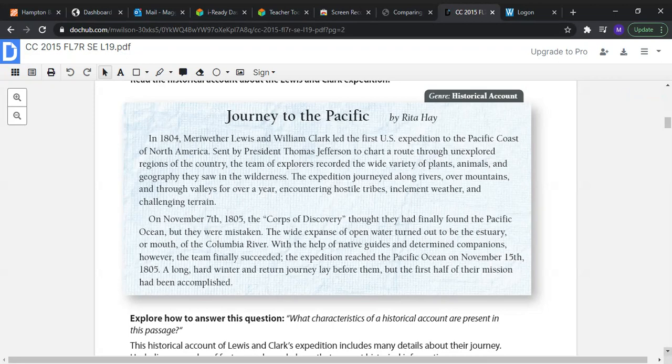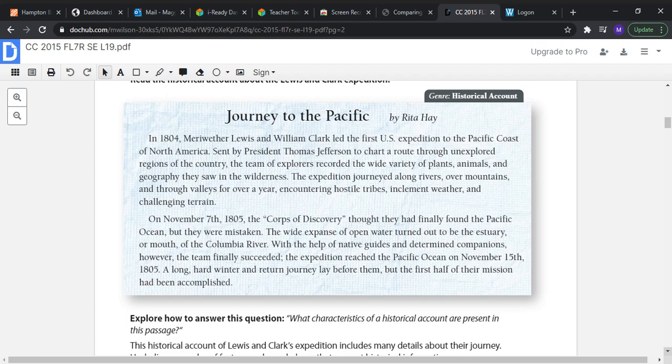In 1804, Meriwether Lewis and William Clark led the first U.S. expedition to the Pacific coast of North America. Sent by President Thomas Jefferson to chart a route through unexplored regions of the country, the team of explorers recorded the wide variety of plants, animals, and geography they saw in the wilderness.